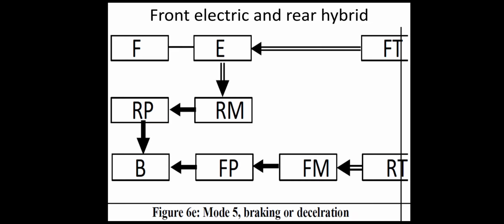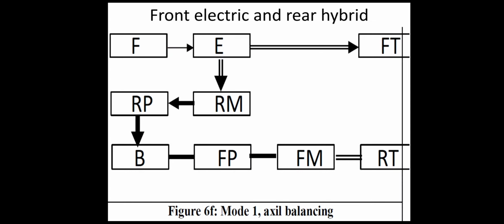Hope you understand all these things and all the operations here. And same as the braking and deceleration mode, both front wheel and rear wheel motors act as generators, and the front and rear power converters charge the battery, and same as the axial balancing.